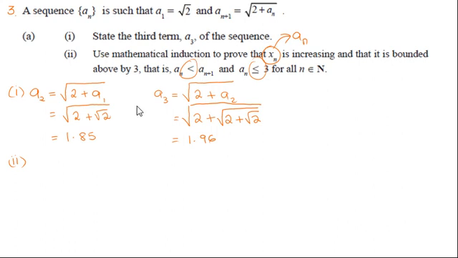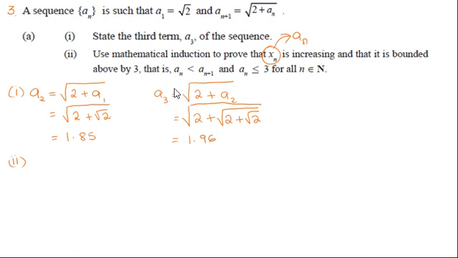Now, symbolically, let me just erase these so I can see better. They have written for us what it is that we're to prove, in words and symbolically as well.